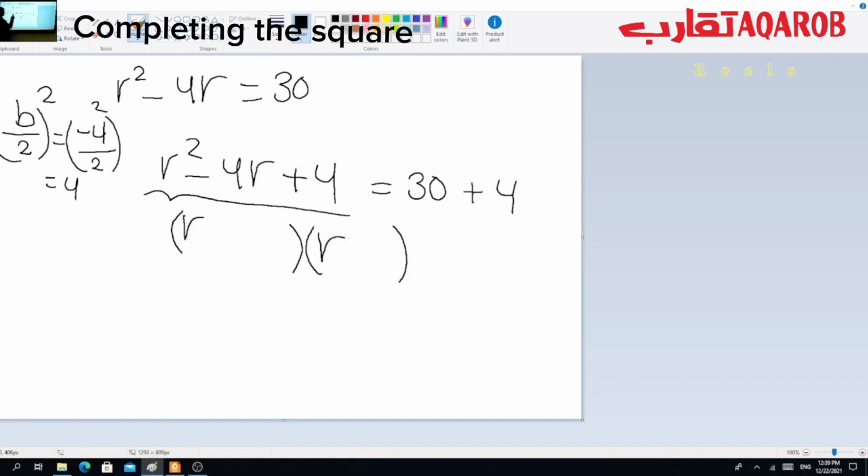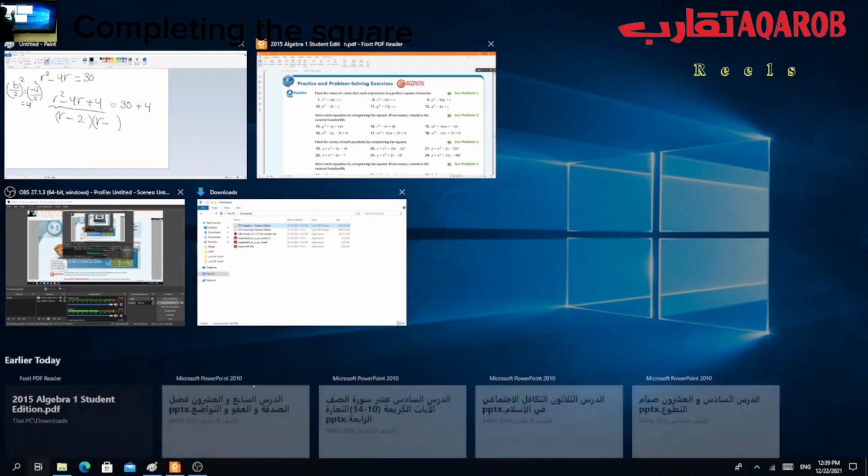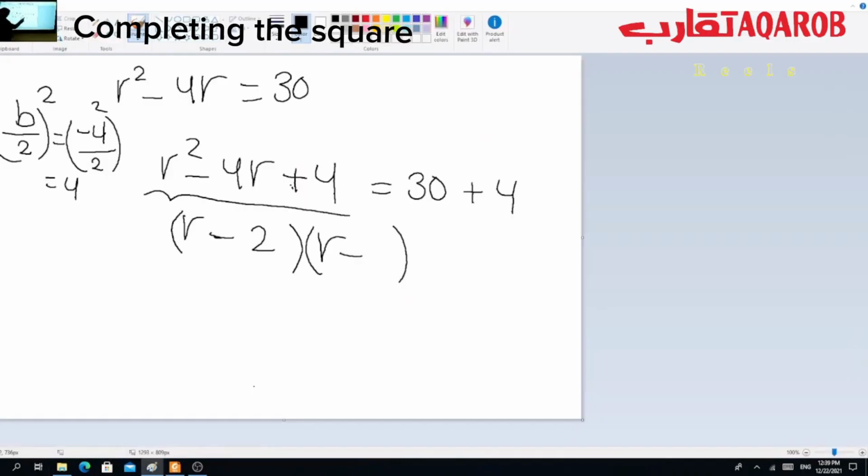Here it's negative, so I have the same negative sign in both parentheses, and the square root of r squared is r, and the square root of 4 is 2. And 30 plus 4 is 34.